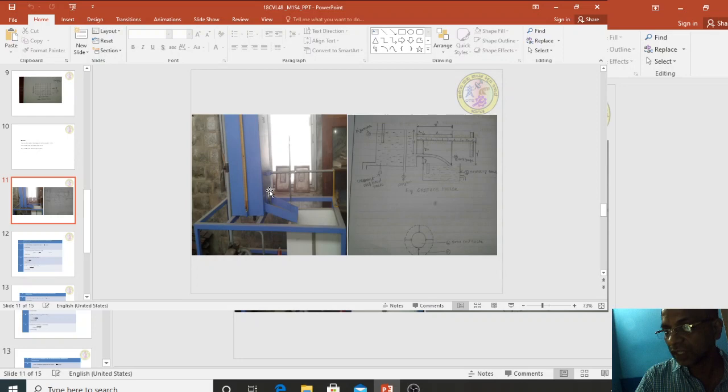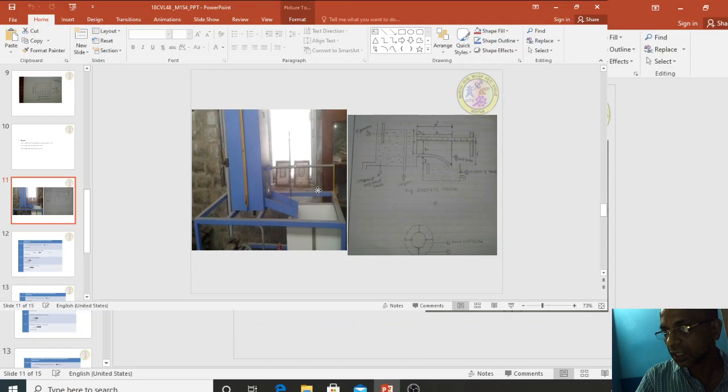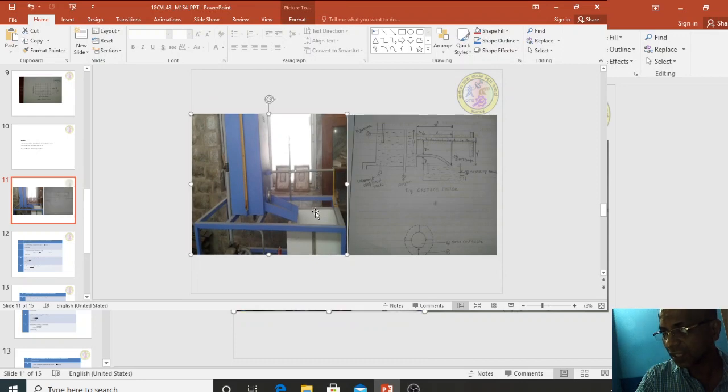This is the gauge, this is your horizontal scale and this is your vertical scale. So from here, edge to this opening is x naught, and from here to here is y naught, and if the water ejects up to here, move this gauge here and measure that length, that is y dash, the corresponding is x dash, and this is the collecting tank, inner dimensions L and B, you measure them.